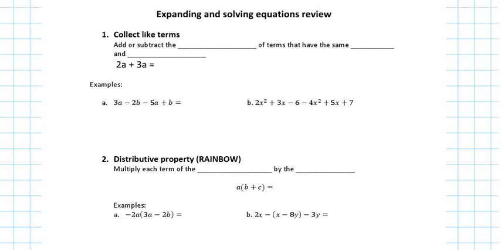So when we're collecting like terms, we're going to add or subtract the coefficient of the terms that have the same exponent and variables.